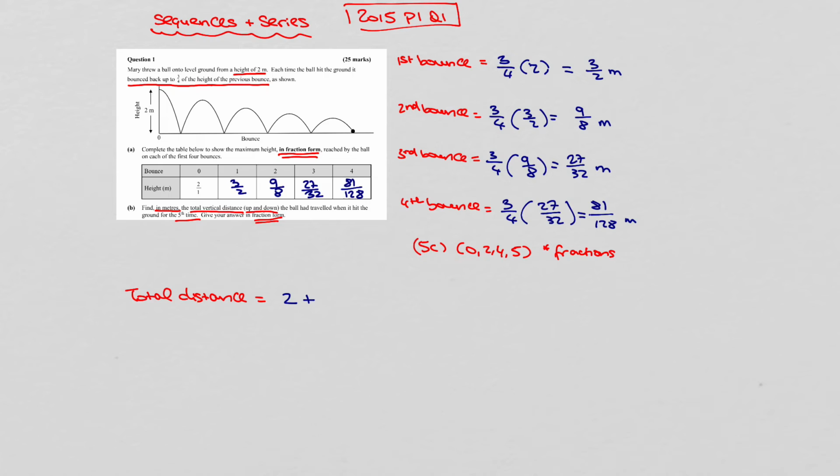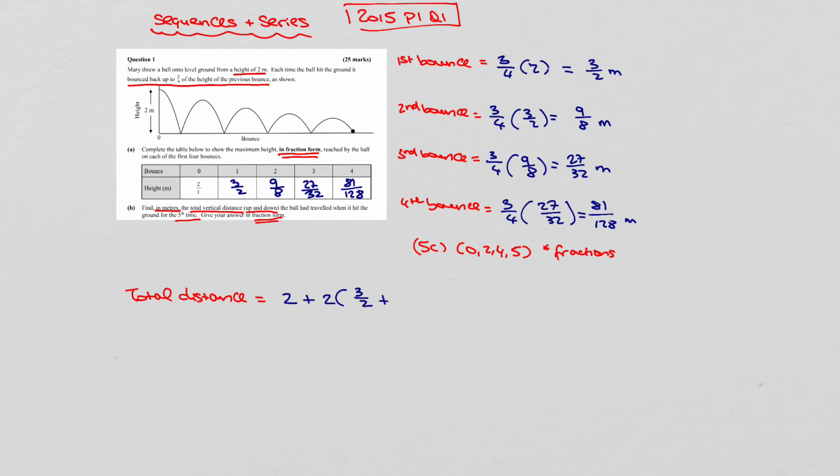Then it's going to go up 3/2 metres and down 3/2 metres. That's going to be 2 times 3/2. But it also goes up and down 9/8, up and down 27/32, and up and down 81/128.